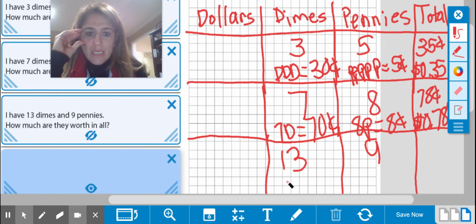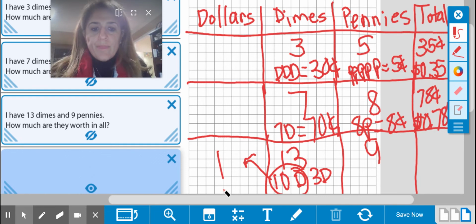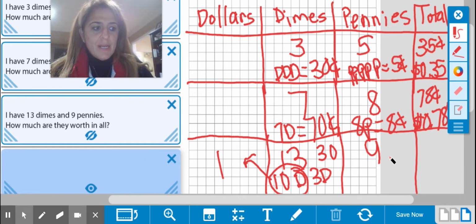So I think this 13 is like 10 dimes plus 3 dimes. So this 10 dimes becomes the $1. And then this 3 dimes left over is 30. And then this is 9.